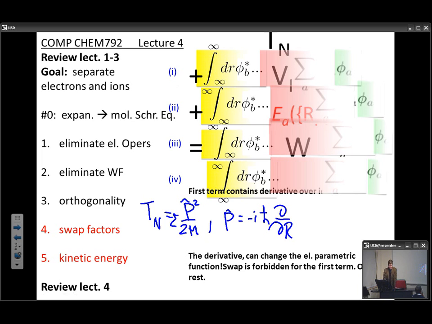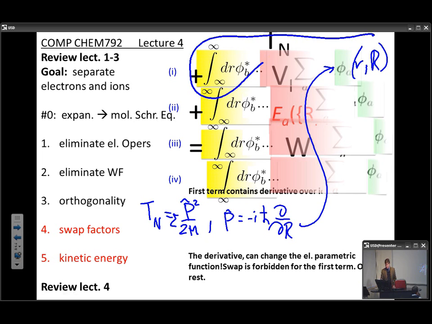This derivative can act on the electronic function that depends on both electronic and ionic position. And this operation, the momentum squared even more strongly, will affect the basis wave function. This will affect this electronic wave function and change the result of all integration in the first term.